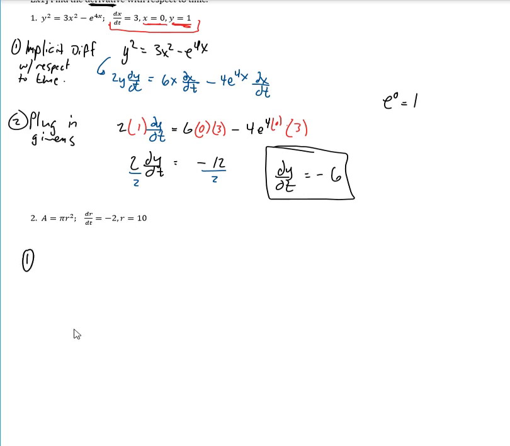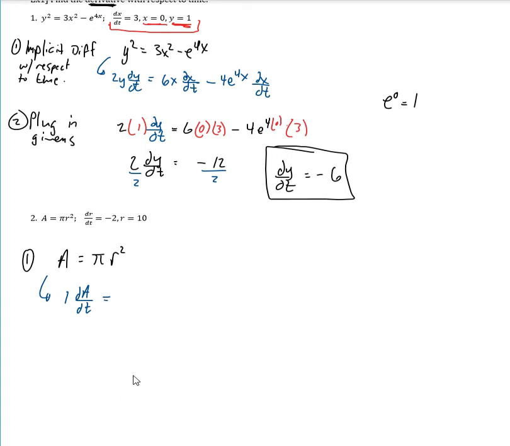So step 1, let me write A equals pi r squared. This is the area of a circle. And our step 1 is to do implicit differentiation. So the derivative of A would be 1, and A is a variable, but again, with respect to time means dA dt.